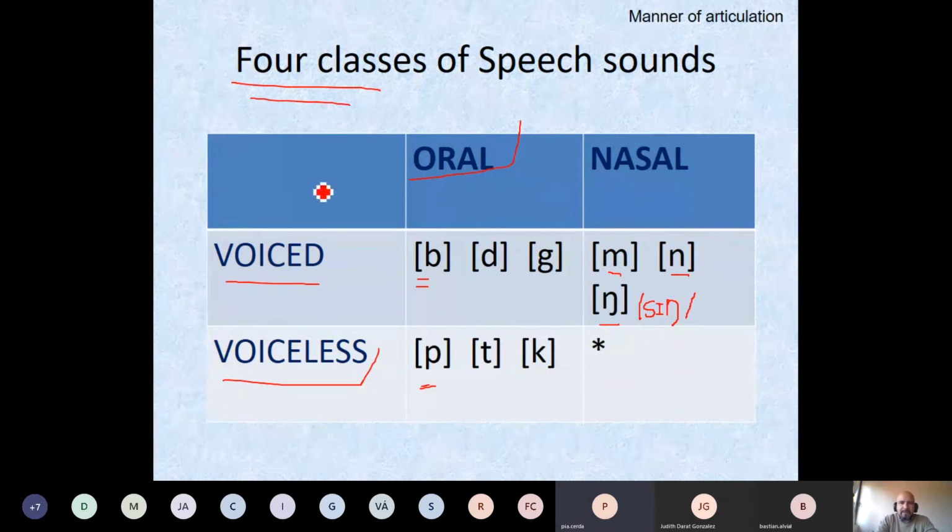Remember that this section referred to the vibration of the vocal folds, and this section refers to from which cavity the airflow leaves your body, through the nasal cavity or the oral cavity, through the nose or through the mouth. And we don't have any nasal voiceless consonant sounds. All of the nasals, which are only three, are voiced, not voiceless. The rest of the sounds are oral, meaning the airflow leaves your body through the oral cavity.